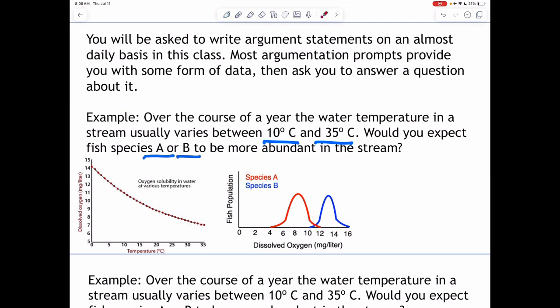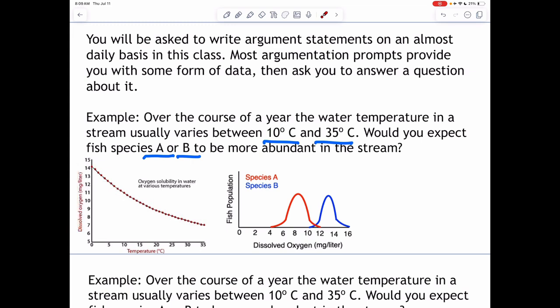So let's now figure this out and how to use the data with it. We're going to start with the 10 and 35 degrees Celsius. So I notice here that this is dissolved oxygen, which we're going to call DO, and this is our fish population, which is either species A or species B. This is our temperature, and this is our dissolved oxygen over here.